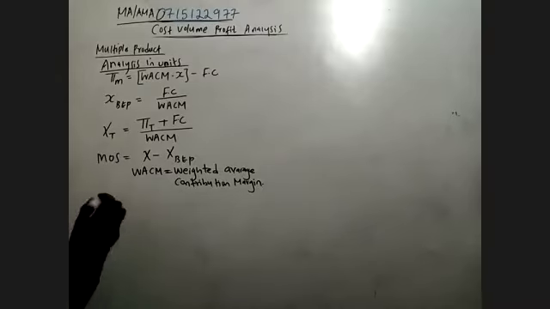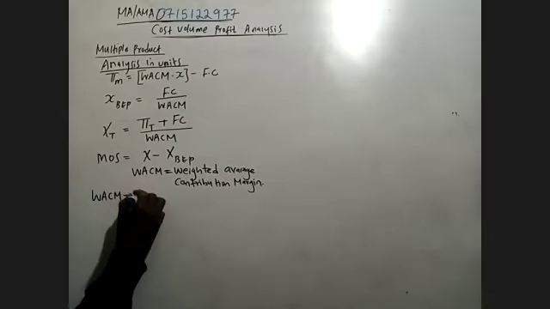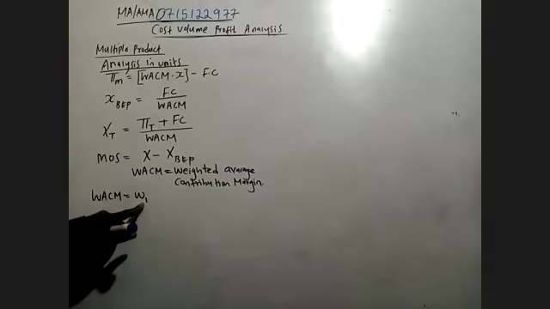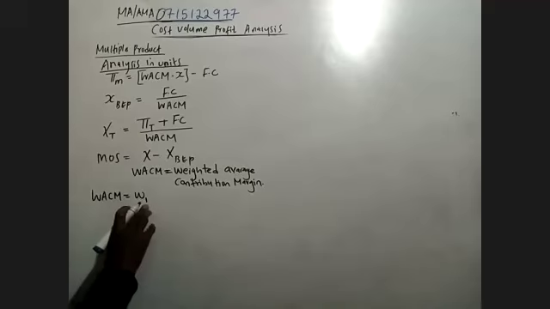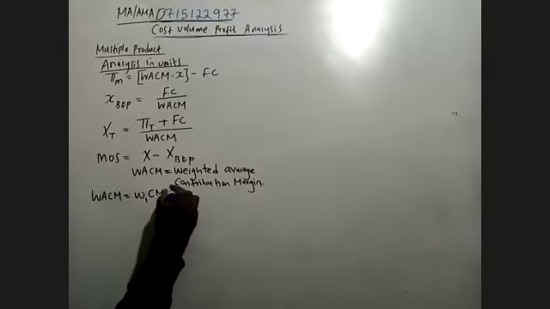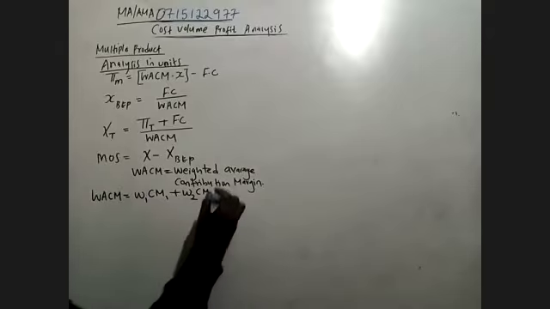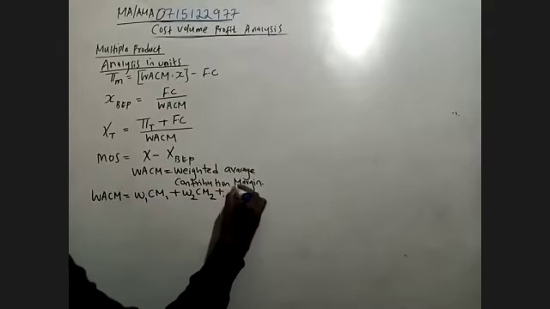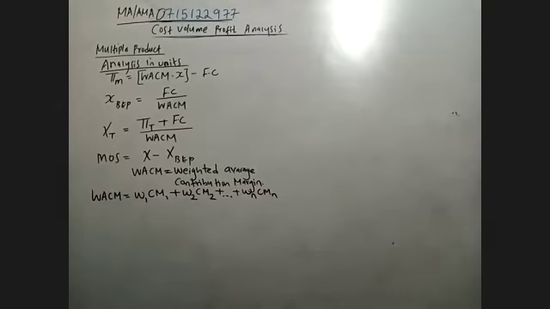Weighted average contribution margin will be equal to the weight of product 1, let us call it product 1, times the contribution margin of product 1, plus the weight of product 2 times the contribution margin of product 2, up to the final product N, depending on the number of products. So we have assumed that we have N products.